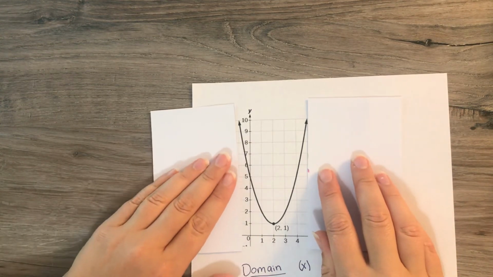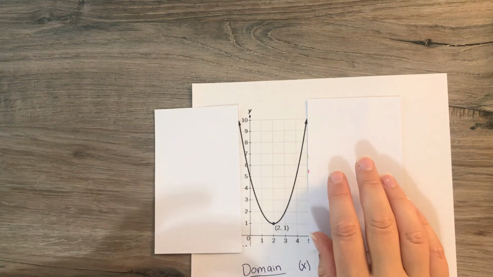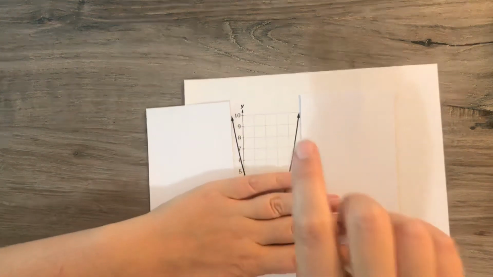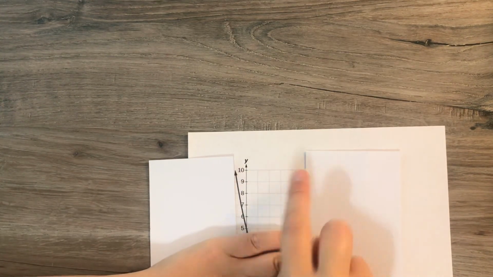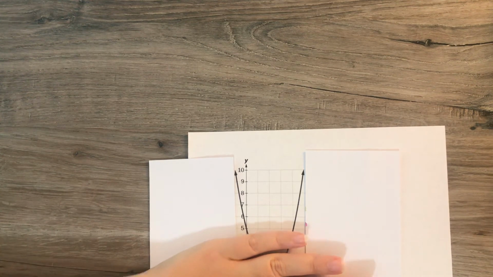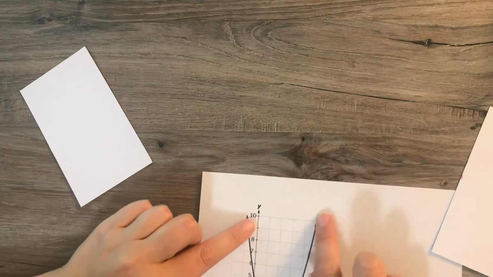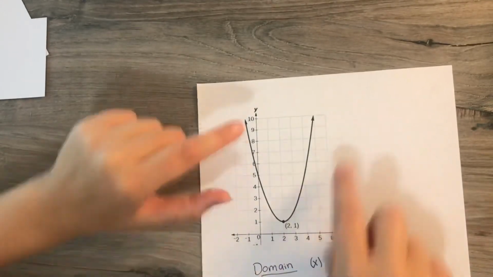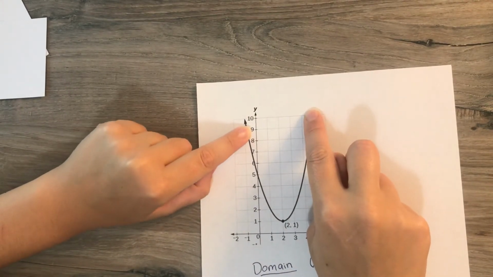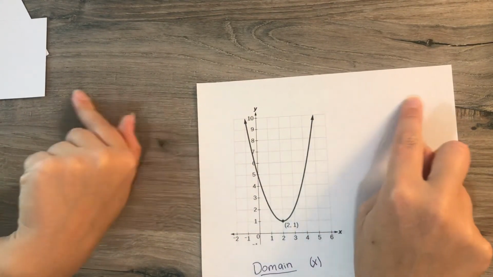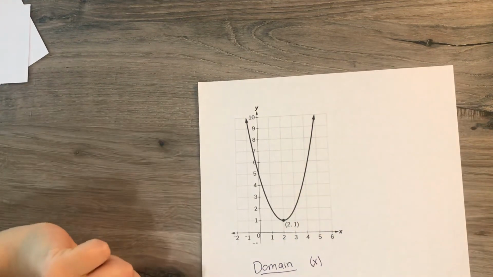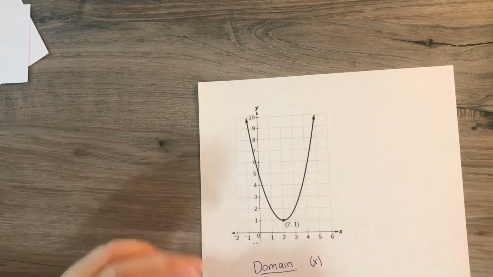Okay? Right there is kind of the endpoints, but it's different now. Because do you see these arrows? These arrows mean that this graph goes on forever in both directions, and it is not bounded on the x-axis.